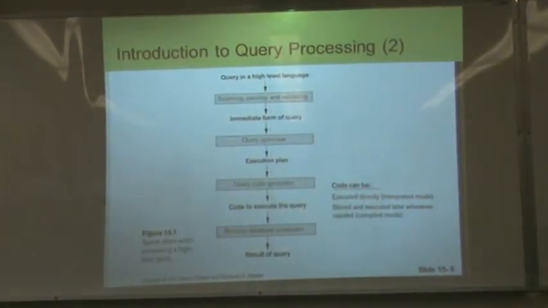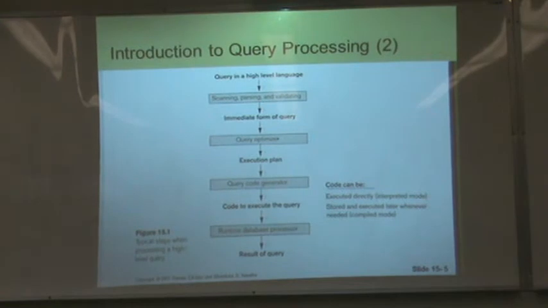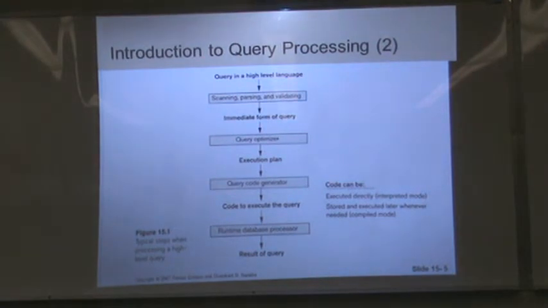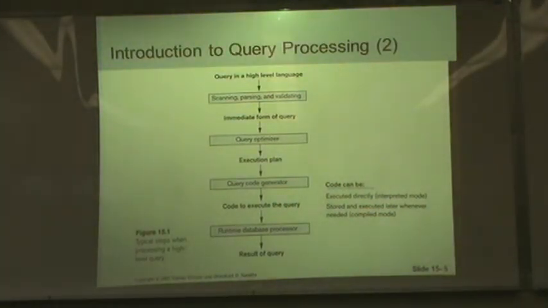Then the next step, once this one is submitted and saved, is a process to find the best way. As I mentioned many times, it's exactly the same situation as traveling from Bridgeport to New York. How many different ways? Huge different ways, right?